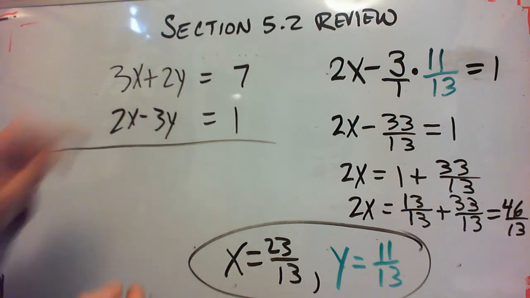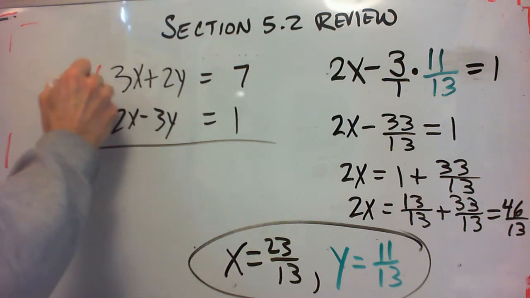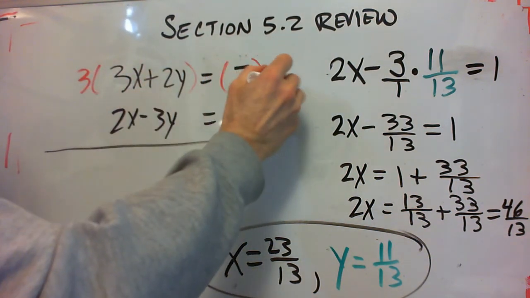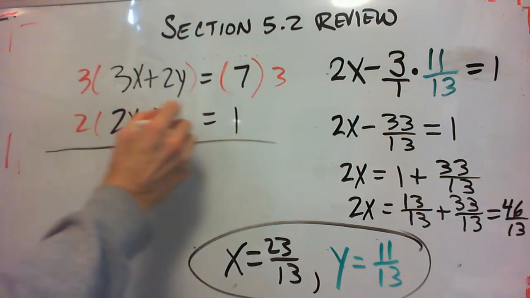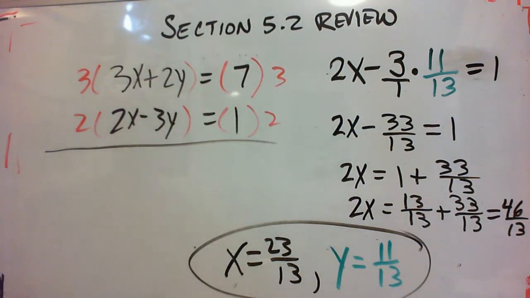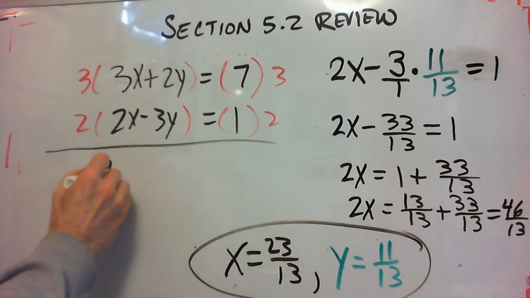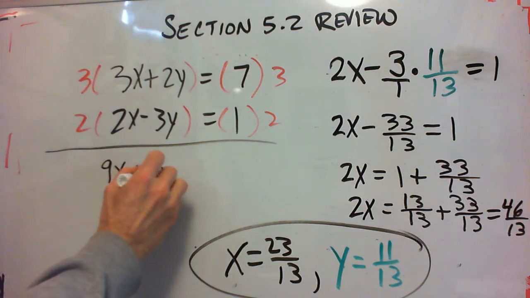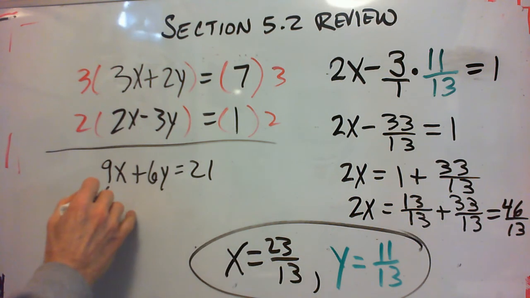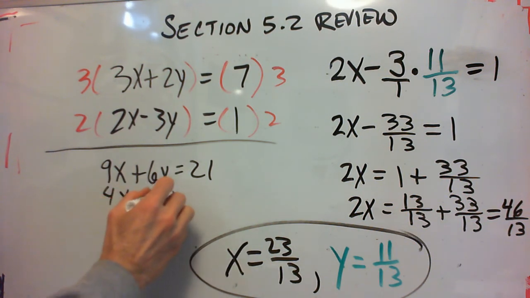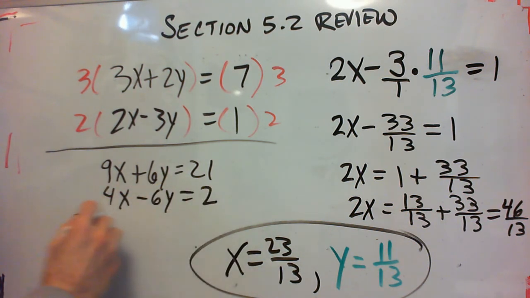To get rid of the y variable, multiply the top equation by 3, the bottom equation by 2. And the new system you get is 9x plus 6y equals 21, 4x minus 6y equals 2.